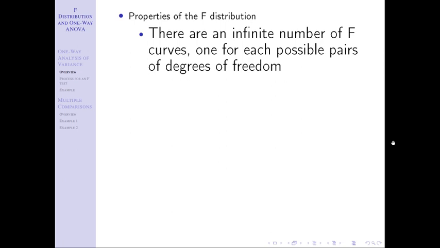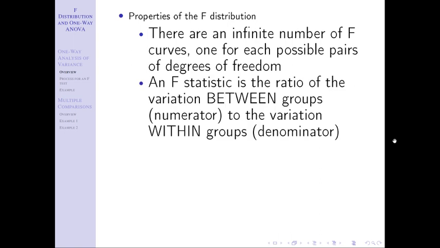So this idea is that when we talked about the T, there was only one thing we were concerned about to know which T to use. For the F, there are 2 things we're concerned about to know which F to use. An F statistic is the ratio of the variation between groups to the variation within groups. You'll hear me say that a lot when we talk about F statistic.